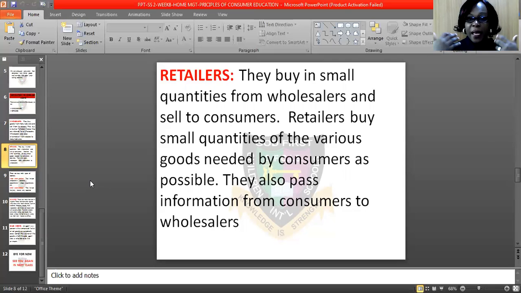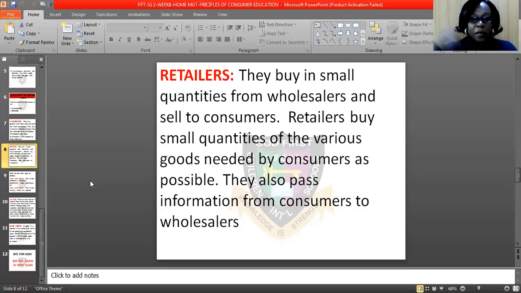Now, let's read the explanation. They buy in small quantities from wholesalers and sell to consumers. Retailers buy small quantities of the various goods needed by consumers. Are you getting? They also pass information from consumer to wholesaler, just like what I told you. If I am a consumer and I went to a shop to buy something and I found out that there's a problem in that good, I have to go back to the shop and lay my complaint.